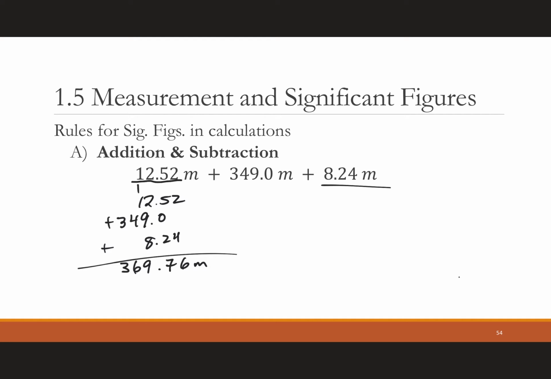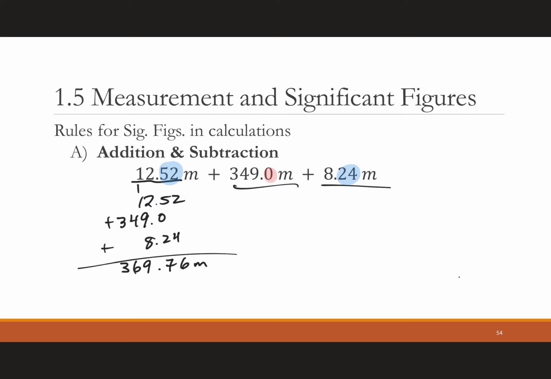The next one, maybe that one is 10 meters, or maybe it's the same one that goes to 20 meters. But this one is clearly 349 meters. That's probably, let's say, a kilometer measuring stick of some sort. It's not going to be the same. You'll notice these have 2 decimal places, while the middle one only has 1.